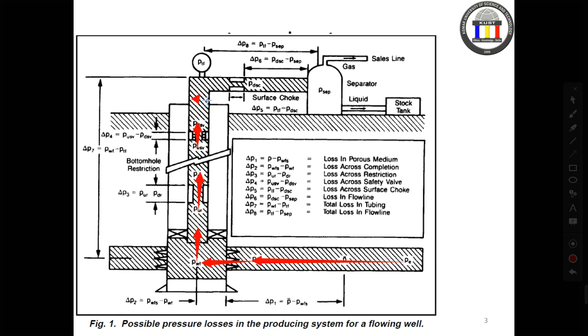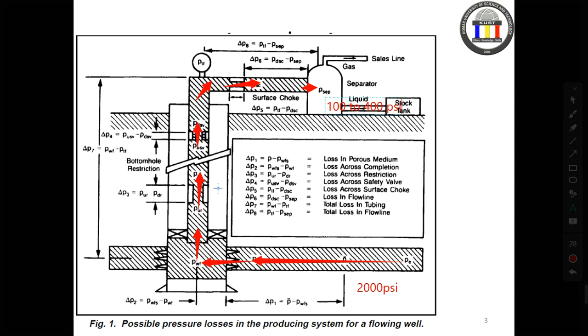Then it drops here, then here, then here. For example, the pressure here was, let's say, 2000 psi. Here at maximum you can have 100 to 400 psi.